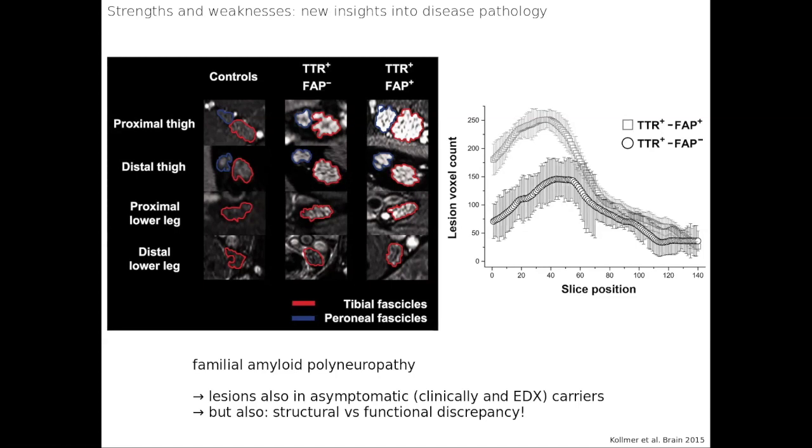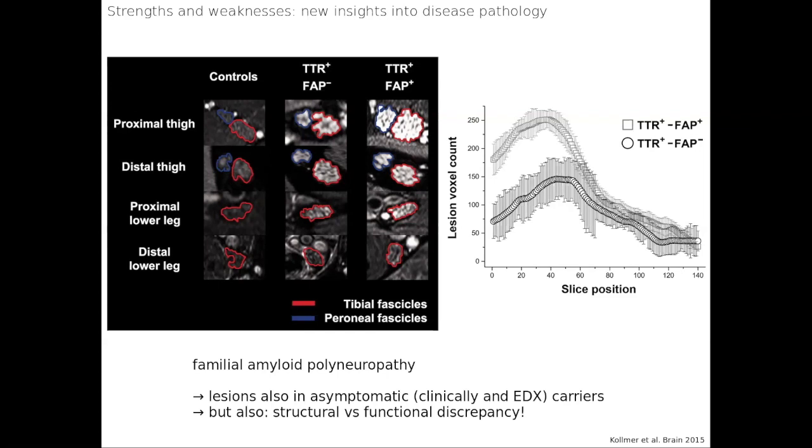Okay. So this study was done by Colmer et al., where they looked at the signal intensity changes in familial amyloid polyneuropathy in carriers and compared them to patients having the overt disease, and also to controls.